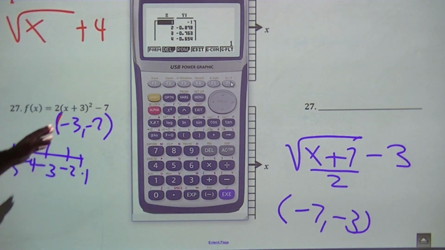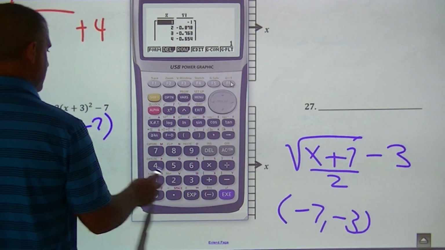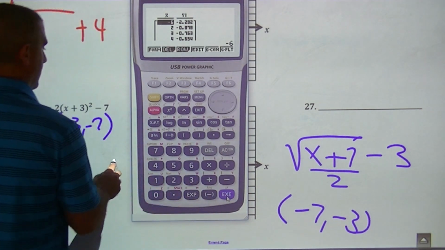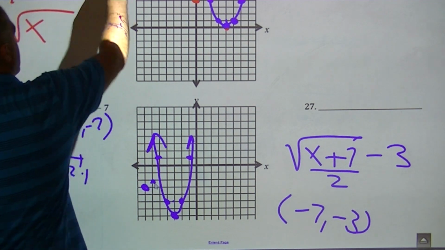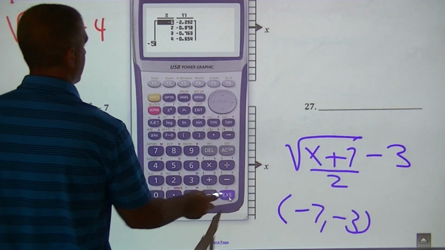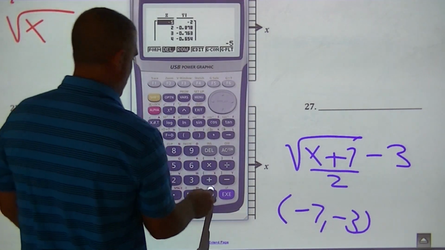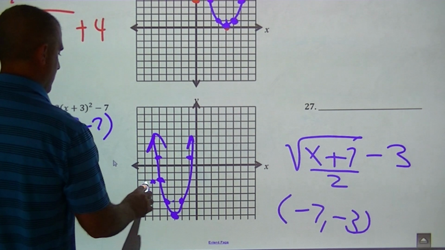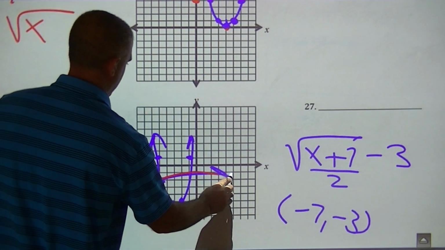Okay, so what I got here is I would plot negative 6, get negative 2.2, and then I would plot negative 5, which gives me exactly negative 2. And if I try to plot the other way, like negative 8, it gives me an error. So I'd plot that way, and let me put that in red so you can distinguish it.